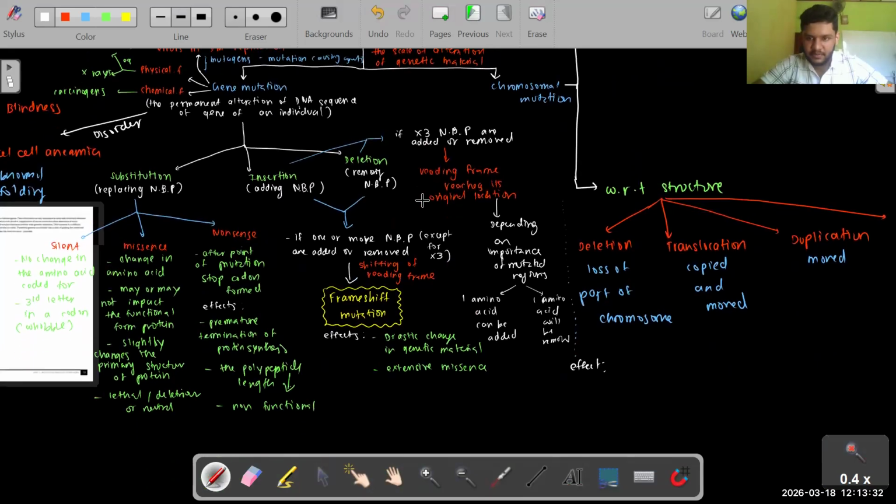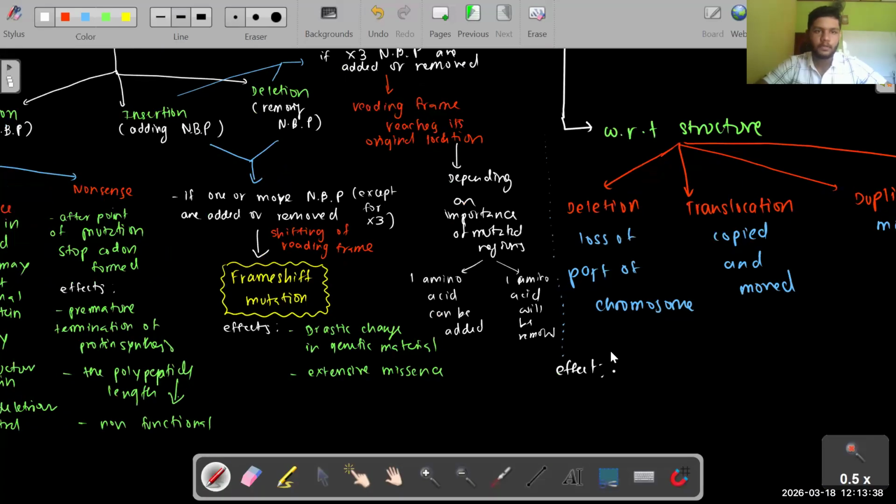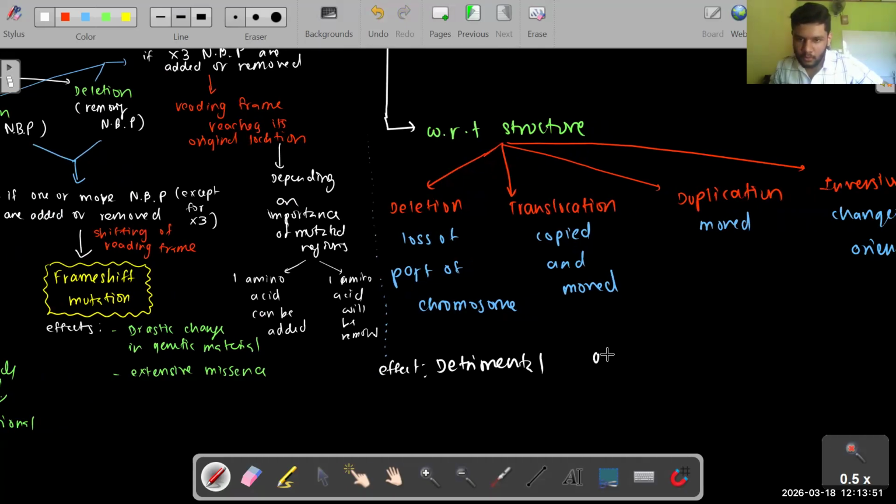Right. We completed the effects part, right? Effects. Deletion causes a detrimental effect. Just remember the word detrimental. Translocation alters gene expression.